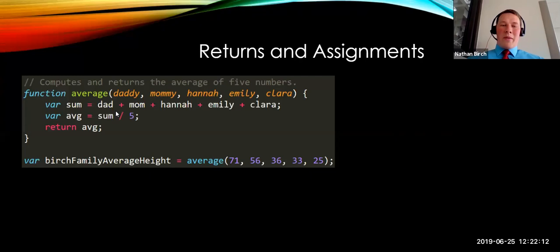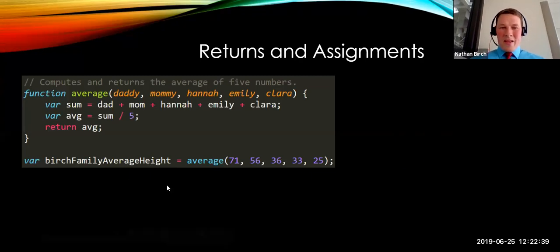Then, like we saw with the var circumference equals, we can call this function like this, and whatever is returned from it, we can assign straight to a variable. So for Birch family average height, we'll call the average function, compute the average, and then return that average and inject it into this var Birch family average height.